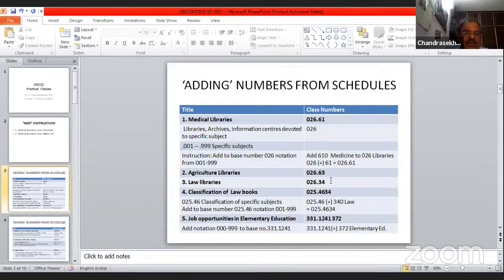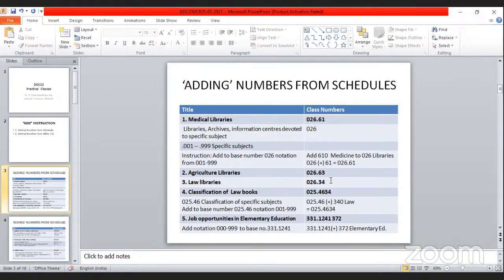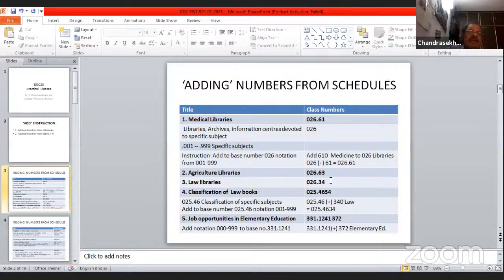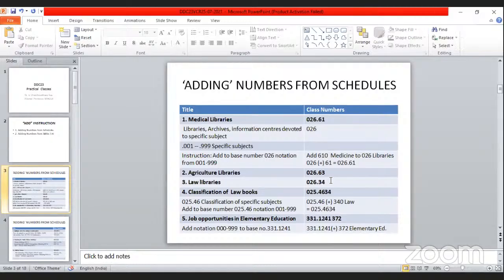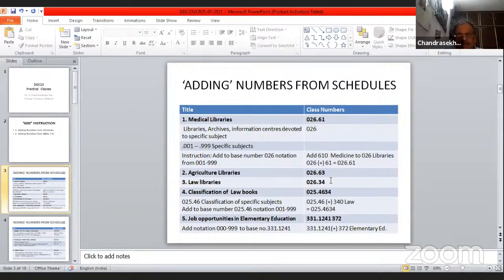Generally, you expect a title like medical libraries, law libraries, music libraries. That's why I have taken some time for that. Now up to here you are very clear about how to assign a number for different types of subject libraries. Yes, sir. Okay, right.